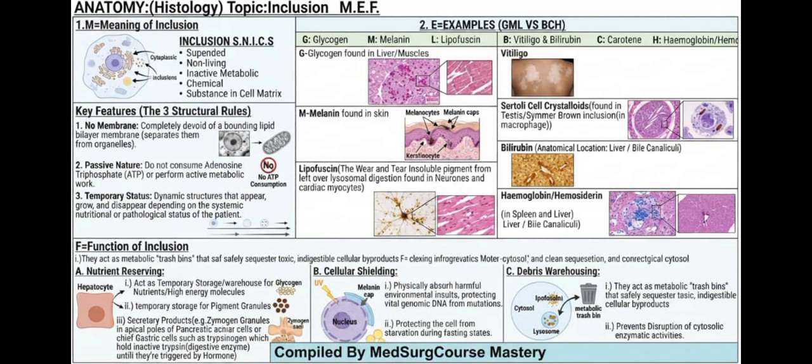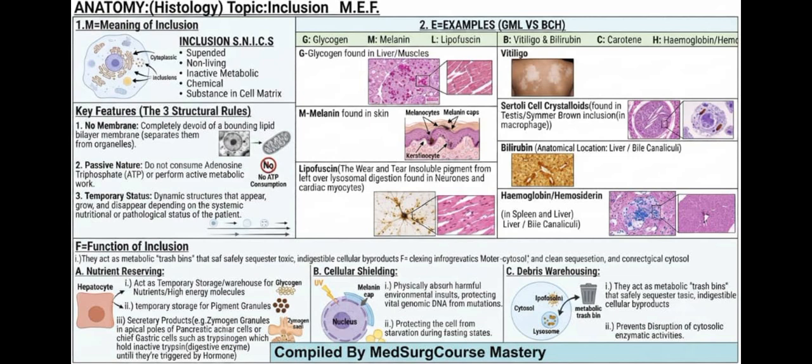D for debris warehousing. Let's look at the examples of inclusions again and ask ourselves, which of these examples can act as debris warehousing? Could it be bilirubin? Yes, because bilirubin is one of the structures that make up bile, and bile is an excretory product.